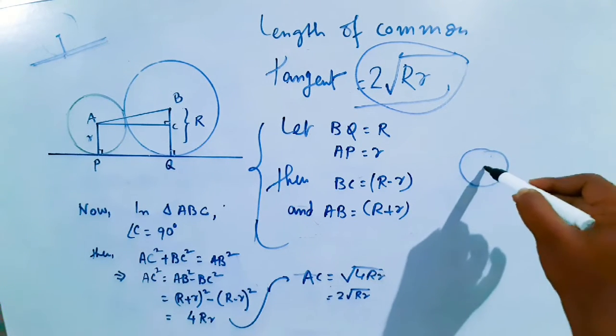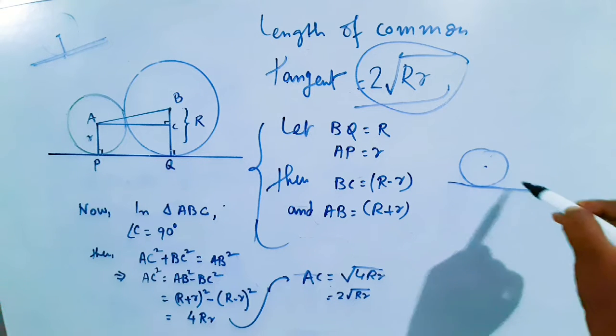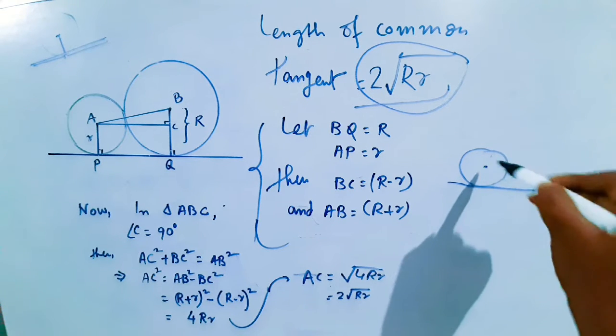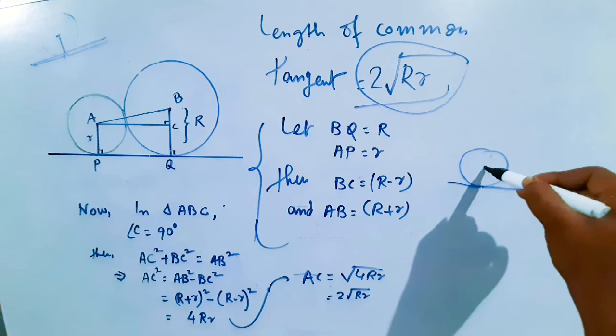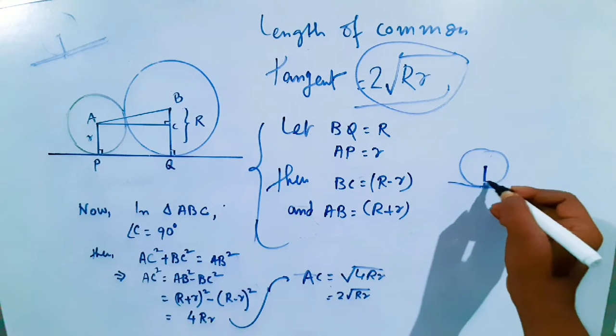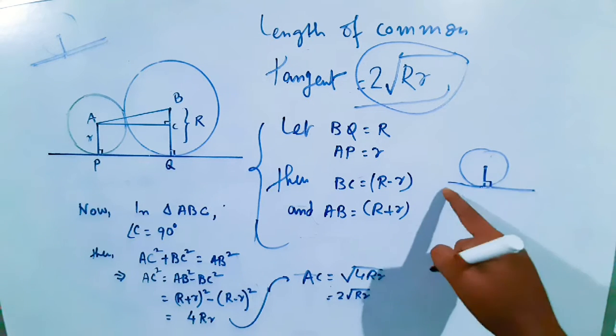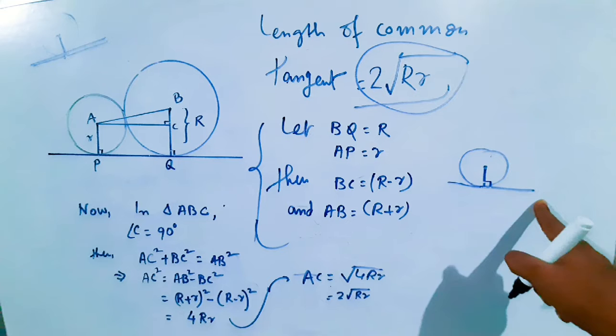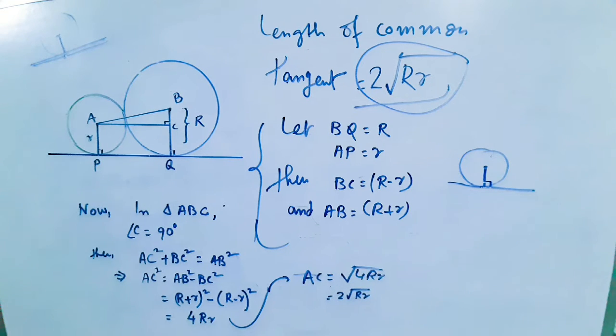This is a circle, this is a point, this is a tangent, this is a touch point, and this is the circle. Connect this. We know this is the basic rule: this radius is perpendicular to the tangent. Okay, this is the idea. We should use this idea.